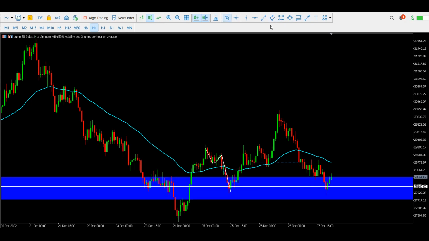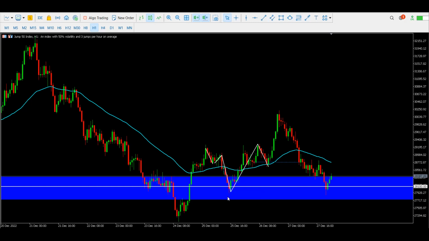At the head, and then a potential right shoulder. Also, with the potential right shoulder rejecting off the 50 exponential moving average.